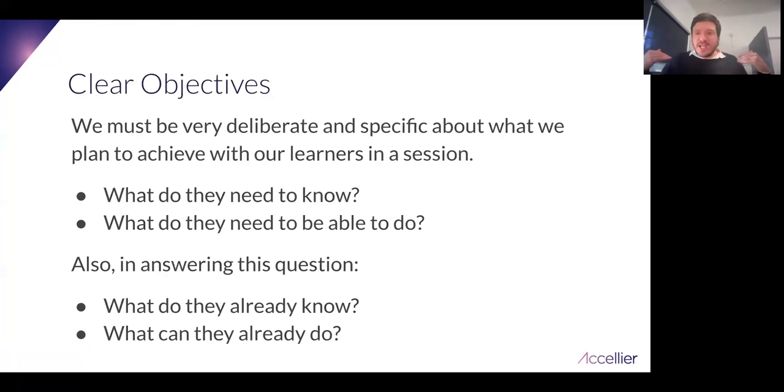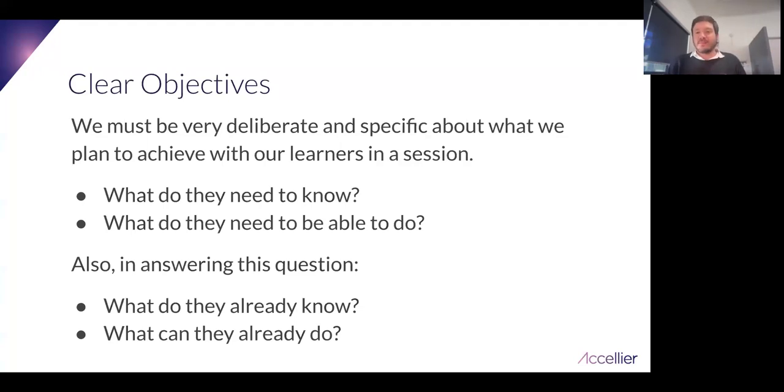When we launch into any kind of planning for our training and lesson plans, we must be very, very deliberate and specific about what we plan to achieve with our learners in a session. So we're going to be asking questions like, what do they need to know by the end of this lesson?